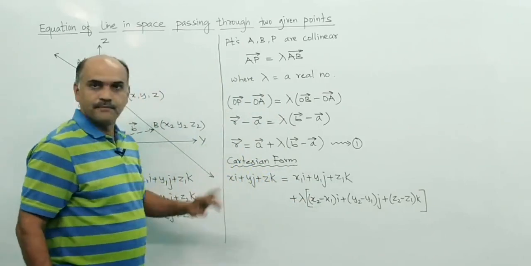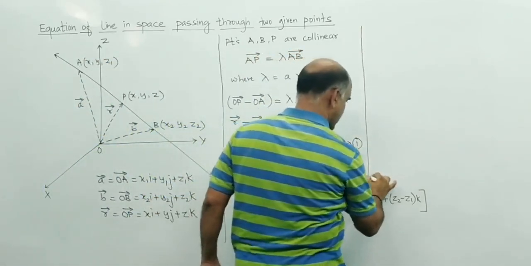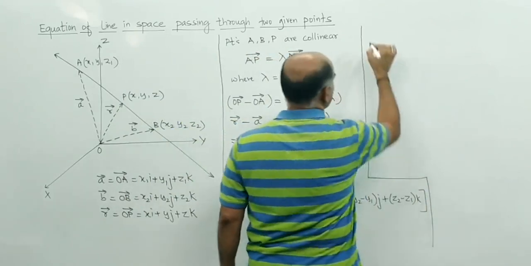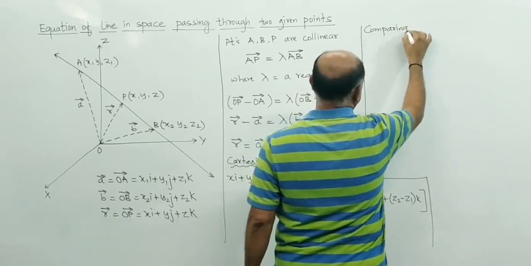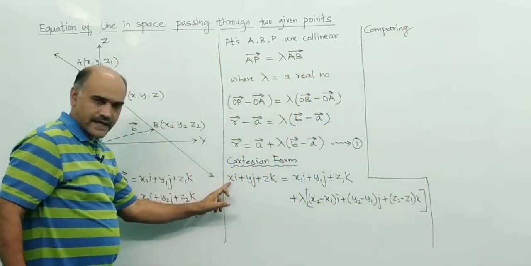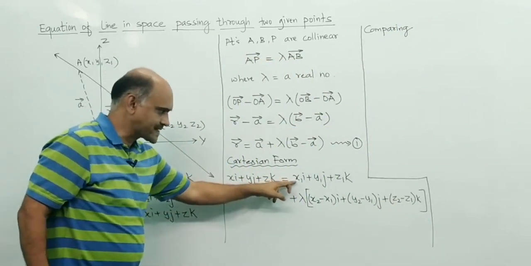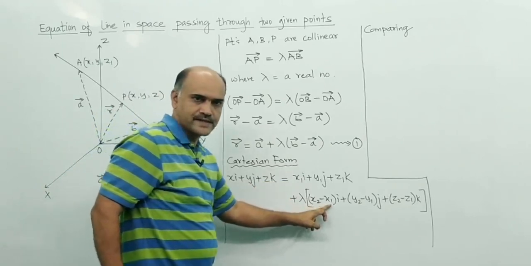Now again compare on both sides. Comparing the coefficient of i, x is equal to x1 plus lambda into bracket (x2 minus x1).